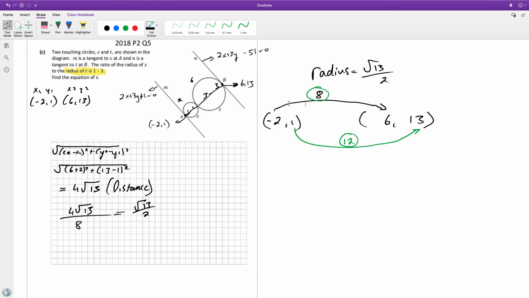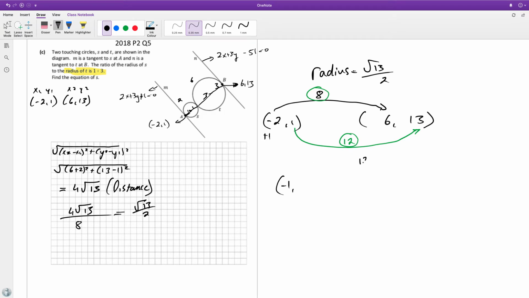Now, what is the breakdown between our two circles? 2 is to 6. So to get to the center for x, do we jump 2 or do we jump 1? 1. So from minus 2, we know the center of this one is going to be a jump of 1, which is minus 1. Our y jumps 12 spots.